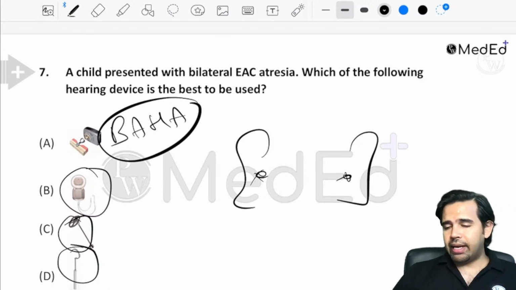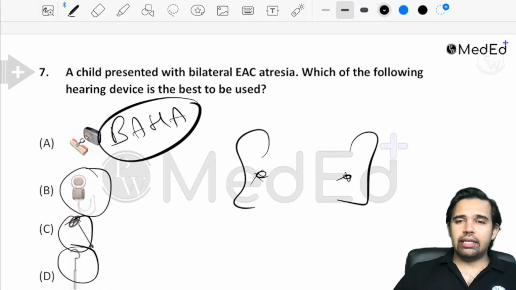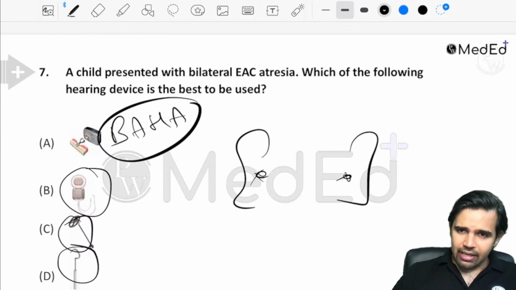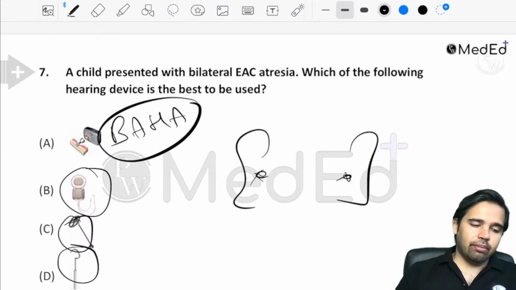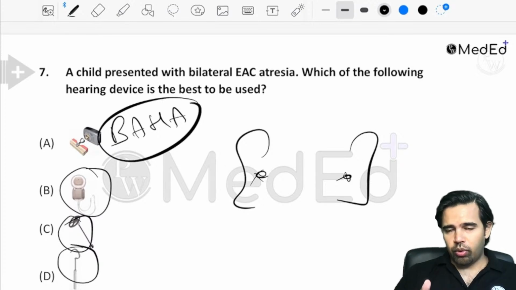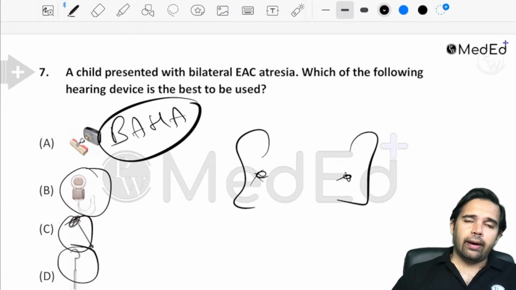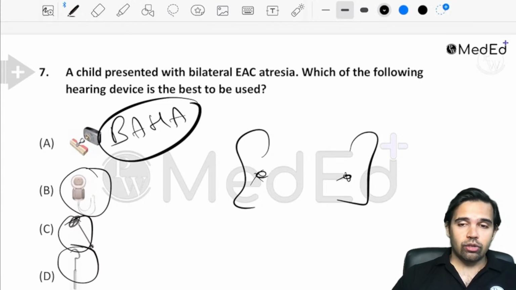A bone anchored hearing aid does not come under the classification of implant, because it's a hearing aid where only the titanium part is implanted within the bone, and it's not going through the entire bony layer. So sometimes they may ask which of the following is not an implant and put BAHA as an option.